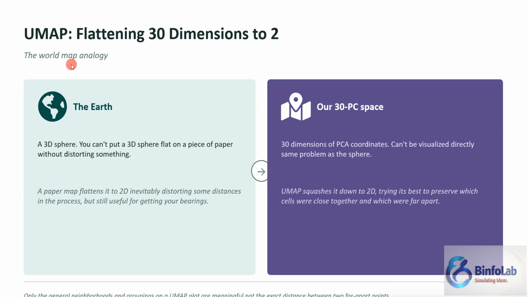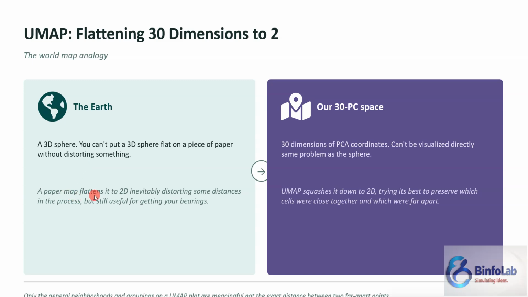To understand this, you have to take the world map analogy. We have the earth, the globe picture, a 3D sphere. You can't put a 3D sphere flat on a piece of paper without distorting something.